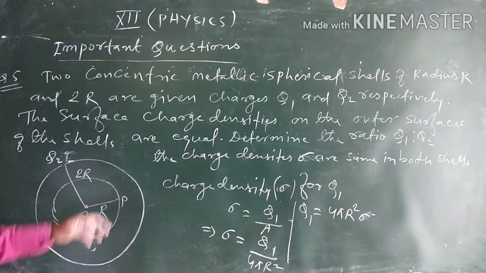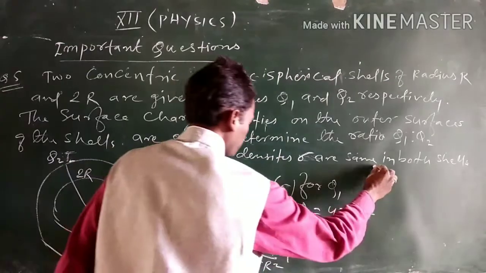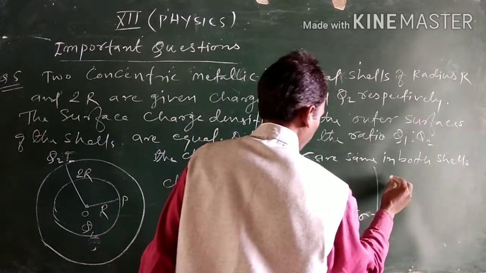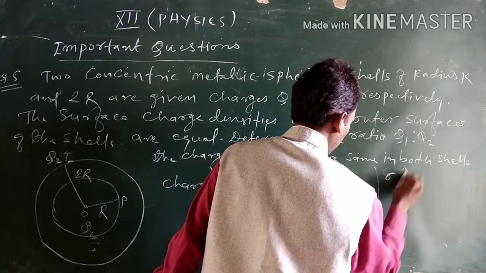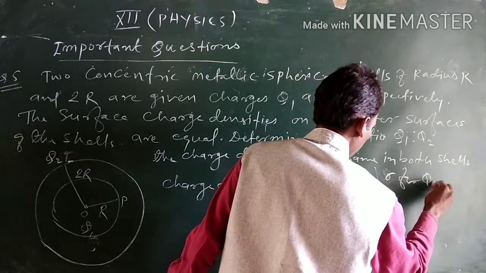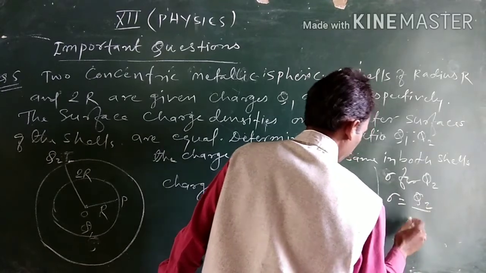Similarly, for Q2, density is equal to charge per unit area.